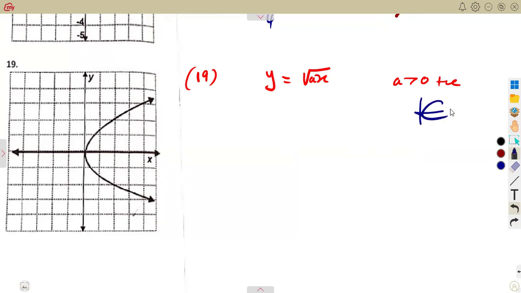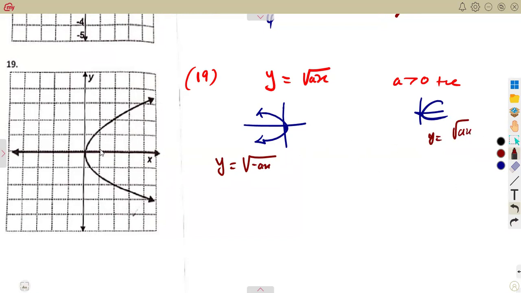If a is negative, we are going to have our graph this side. When this is negative, like y is equal to the square root of negative ax, and when it is positive, the square root of positive ax.